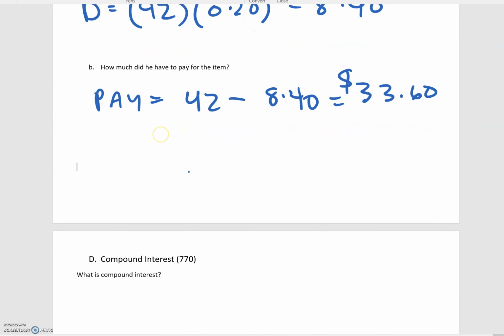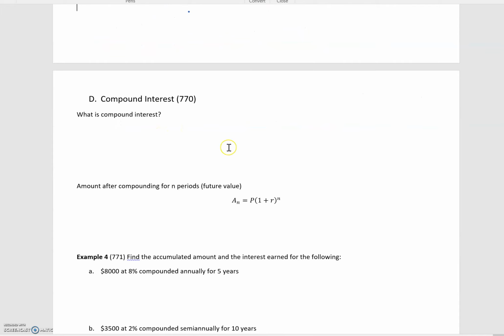All right, let's take a look at our next subject, compound interest. So we were dealing with simple interest. Compound interest is a circumstance where interest is calculated not only on an original principal, but also on the interest that's earned over time. So let's get that definition down.